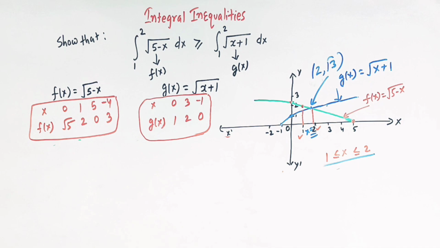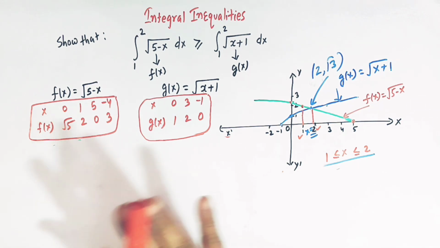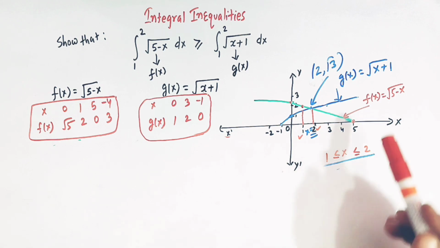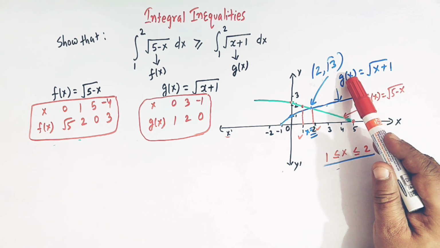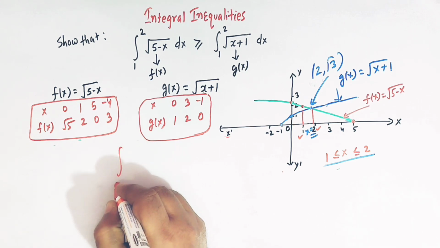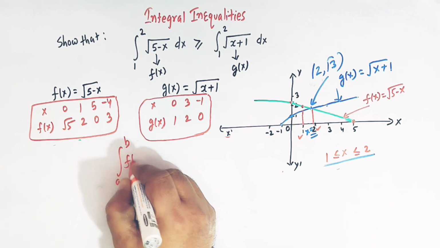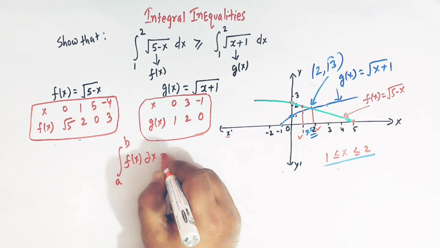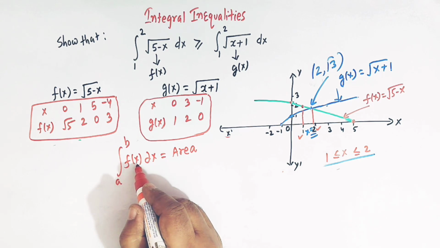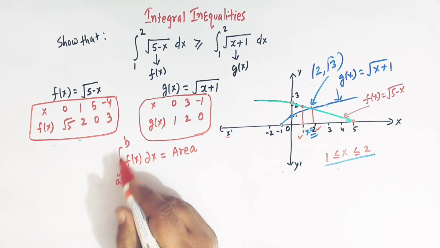So viewers, we can also prove this inequality geometrically by considering the graph of f of x and g of x. Right now, see, we know that the integral a to b f of x dx always represents the area bounded by f of x between these two limits.